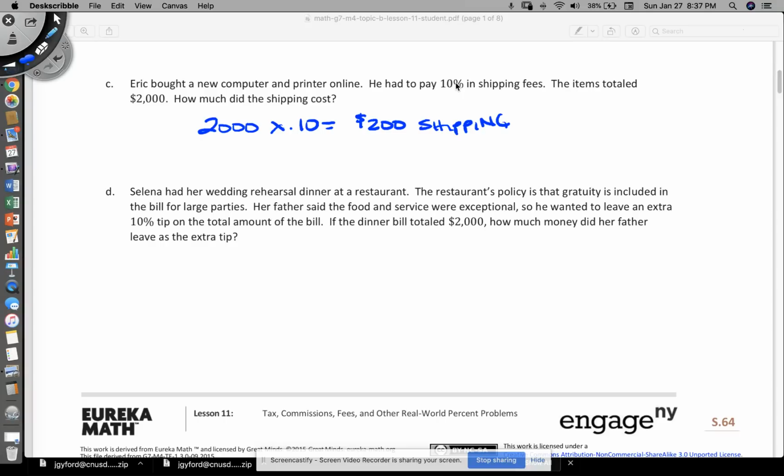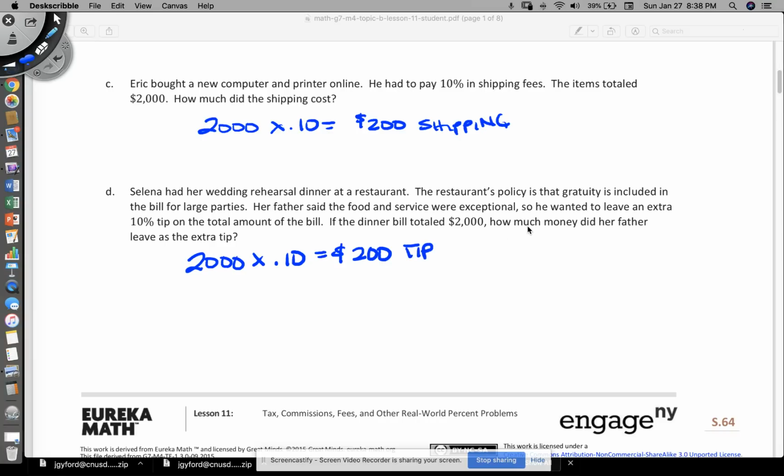So even though the bill totaled $2,000 and that included a tip, he wanted to leave a little bit even more. So he added an extra 10% to that. So the bill came to $2,000, times the extra 10% tip he wants to leave. So he already tipped, and he decided to tip a little bit more, an extra $200 in tips.